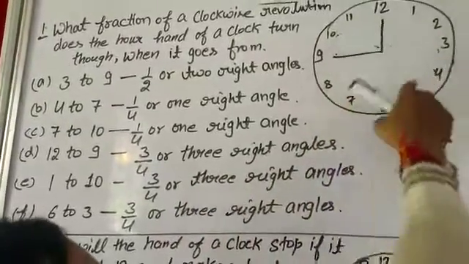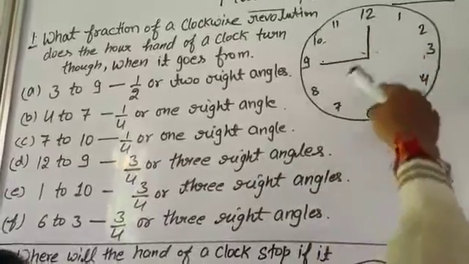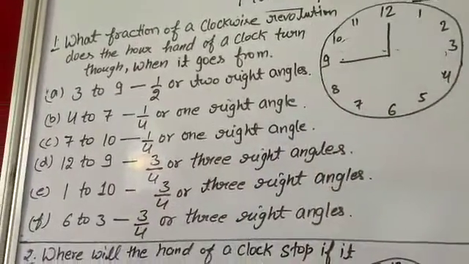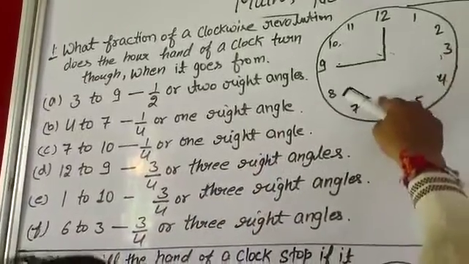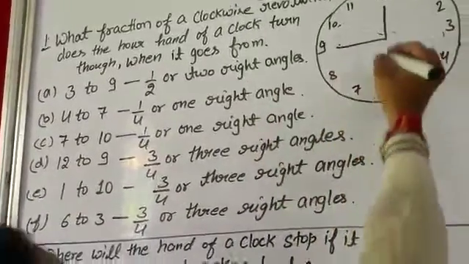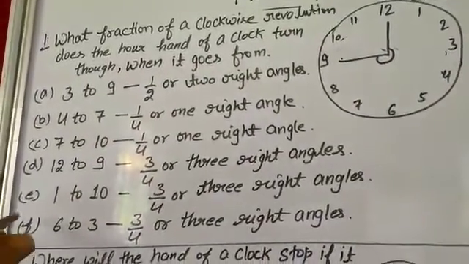That is, 1 complete round and 1 2 3 out of 4. So 3/4 or 3 right angles: 1 right angle, 2 right angles and 3 right angles. Now part E, 1 to 10.